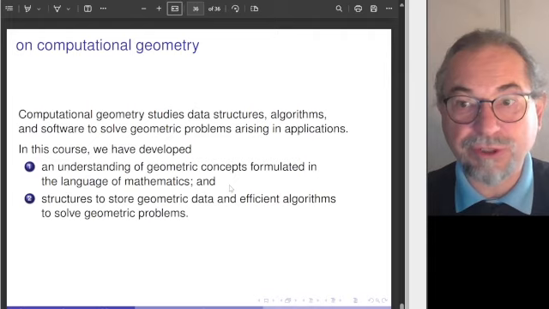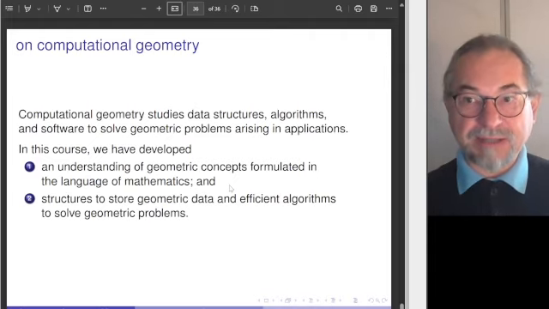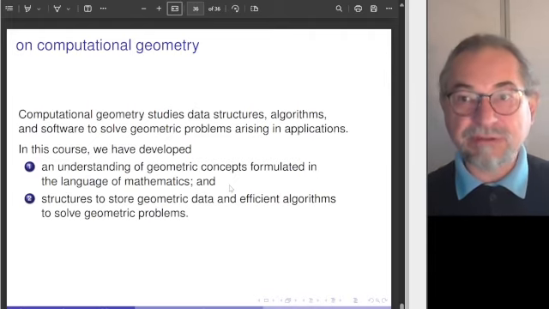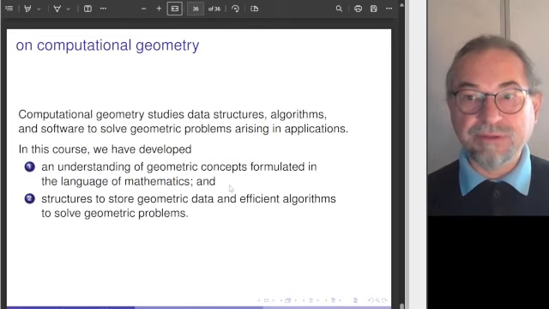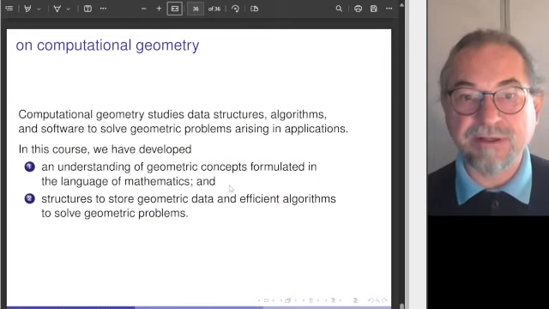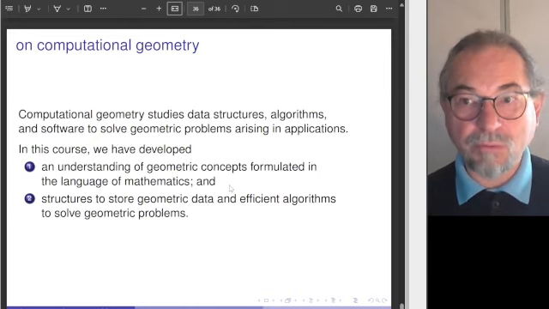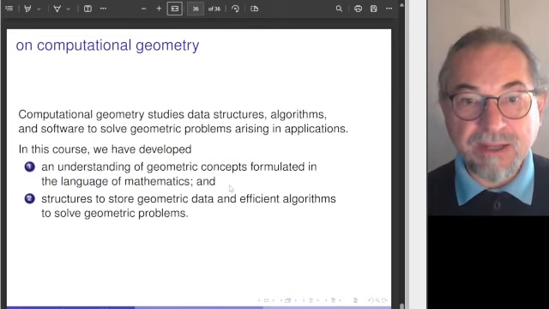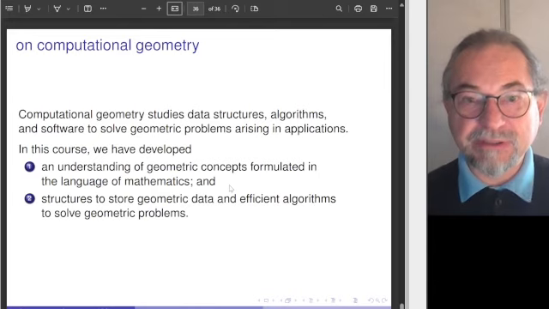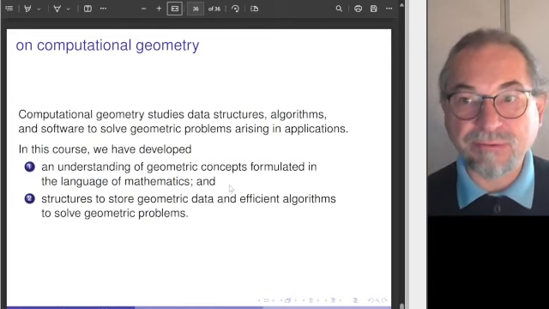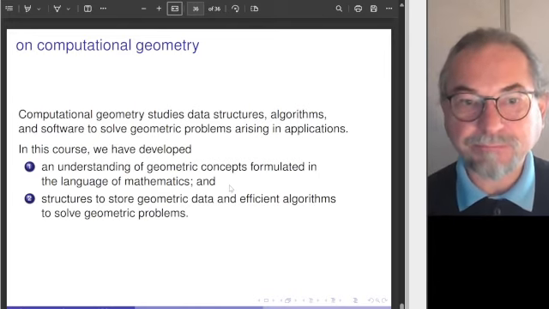So this course is between mathematics and computer science. We try to be very precise in defining what we were doing, what the problem was, what the complexity was, and describing this in the proper language of mathematics.